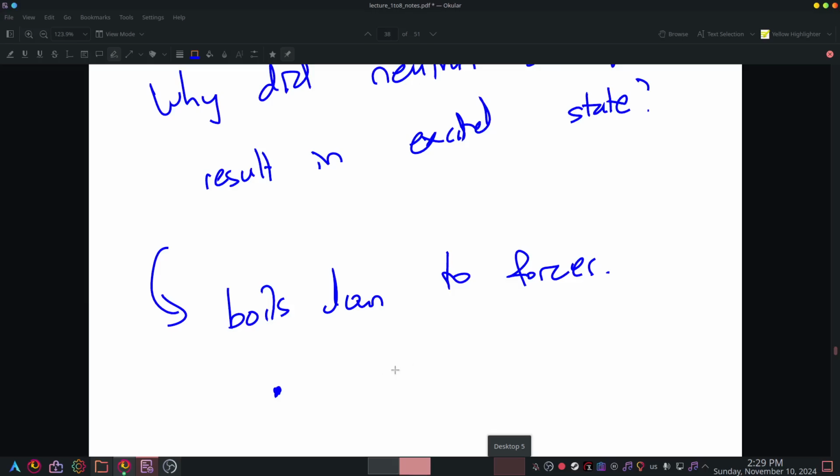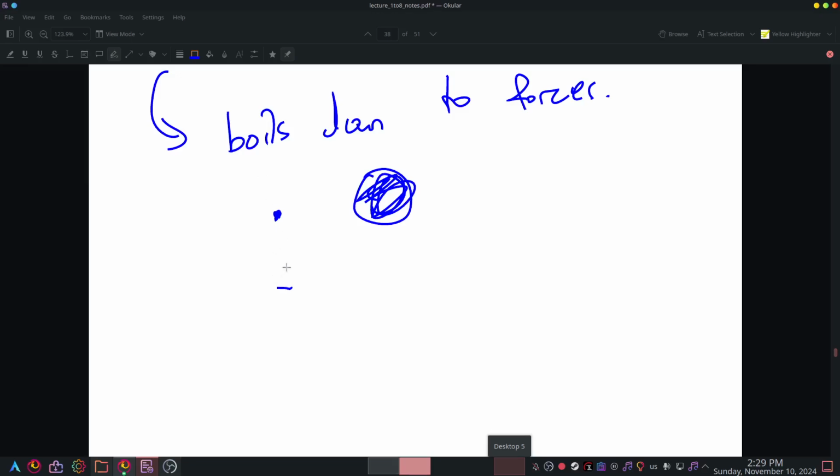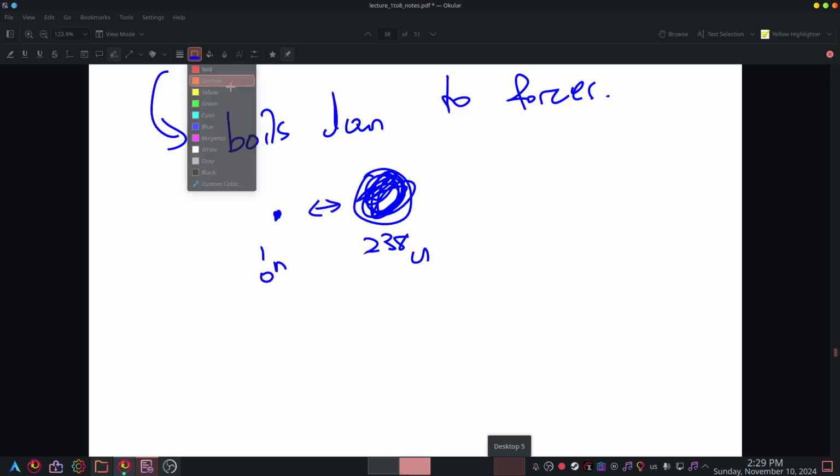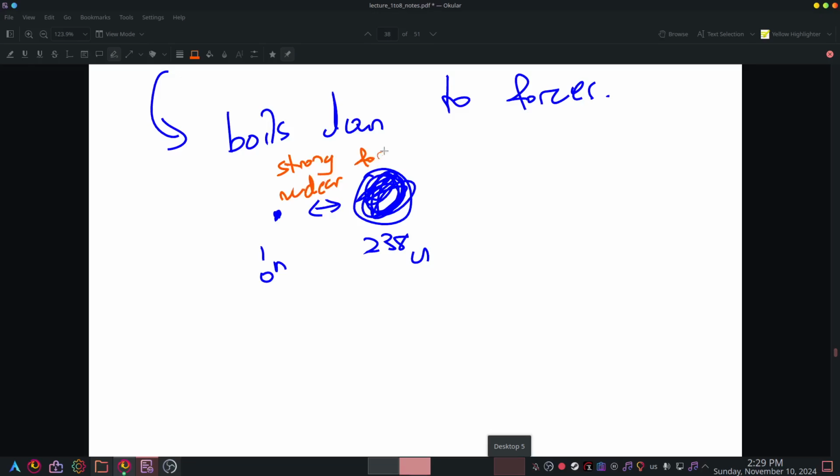So the neutron and the uranium-238. If you bring them close enough, there is a strong nuclear force. There is going to be some sort of an attractive force, an attractive strong nuclear force that glues these two objects together.